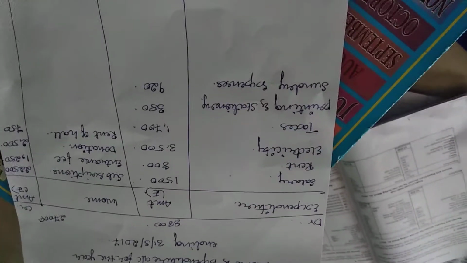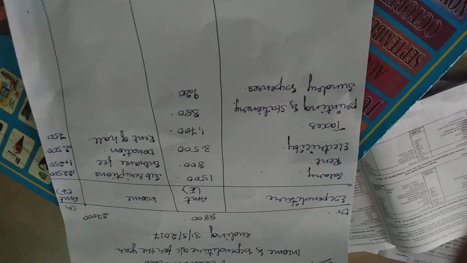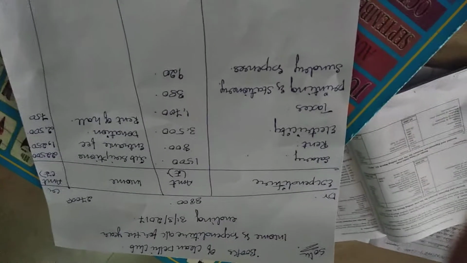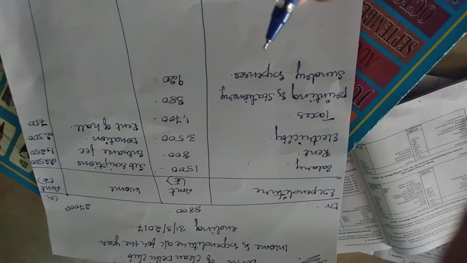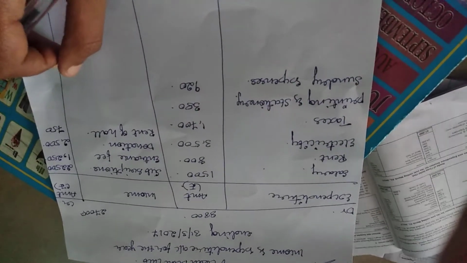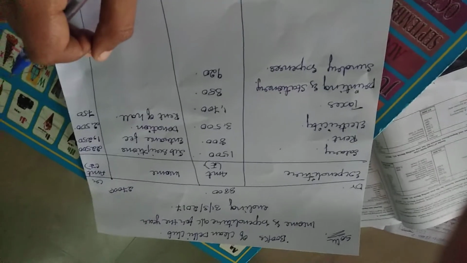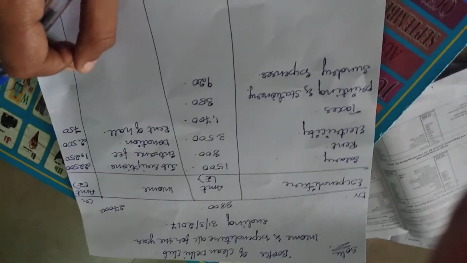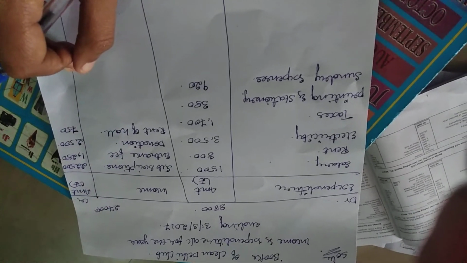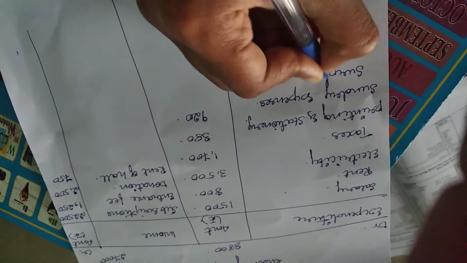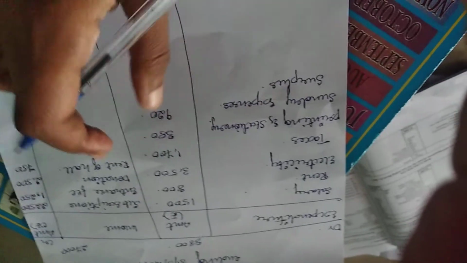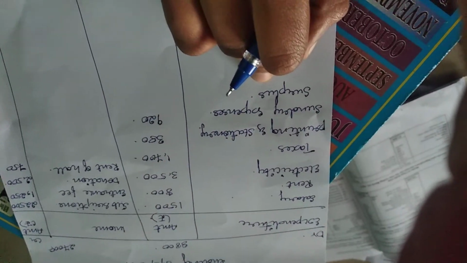Yesterday I said that in the receipts and payments account, if the balance is on the debit side we close it as bank overdraft, and if it is on the credit side we close it as a balancing figure, shown as cash or bank. Now it is an income and expenditure account. We have to close it as surplus, because it is the excess of income over expenditure.